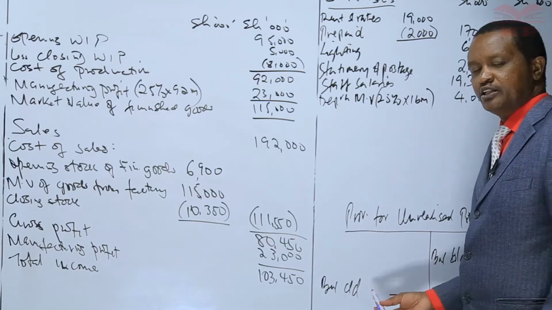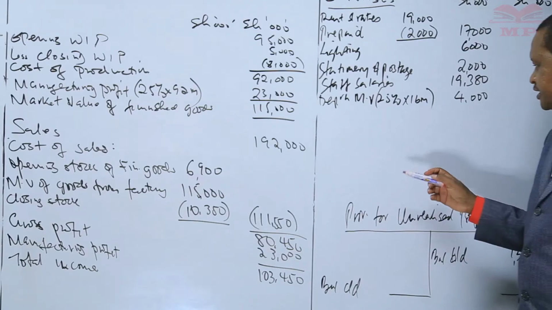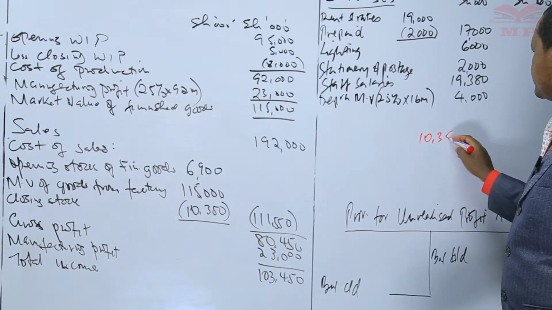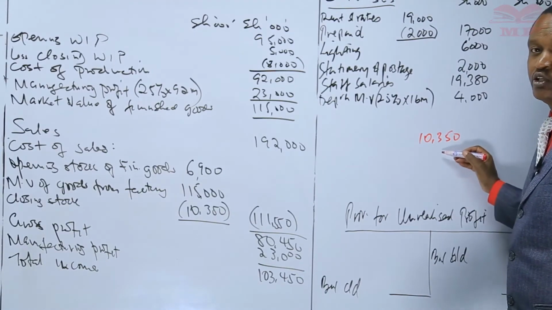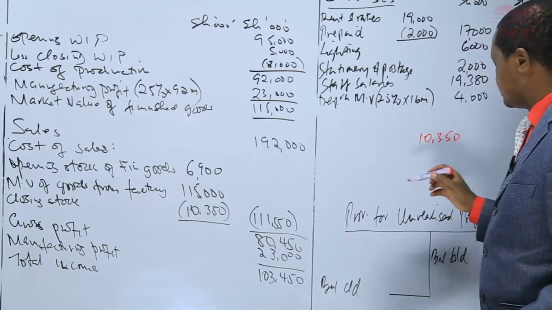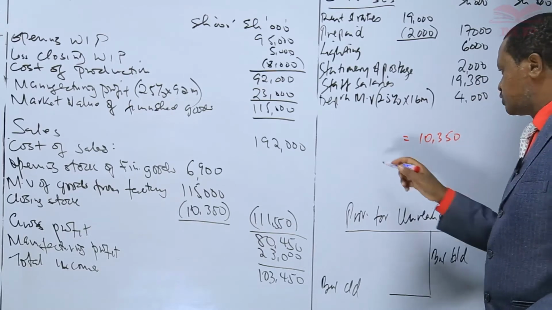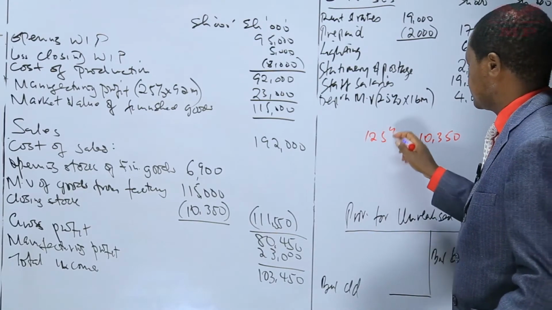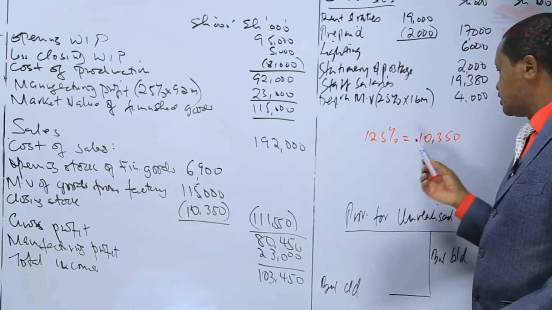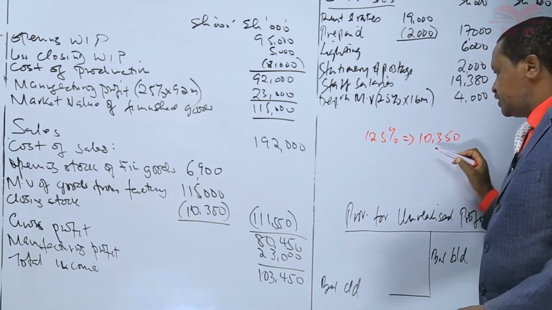We need to determine the profit element in the 10,350. This 10,350 is inclusive of the manufacturing profit. Okay, that means this is a representation of the 125%. That is 100% plus 25 will give us the 125%, which represents the market value of the finished goods.